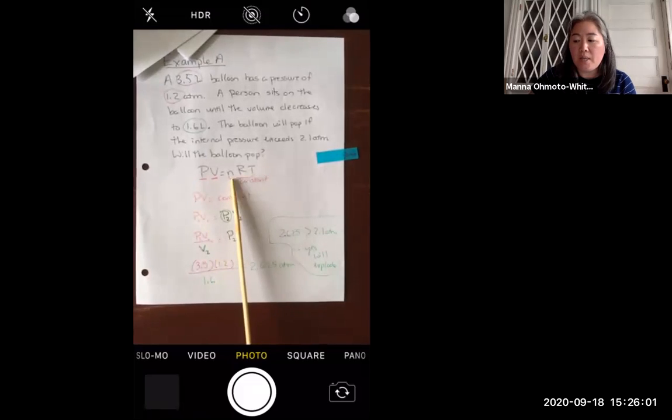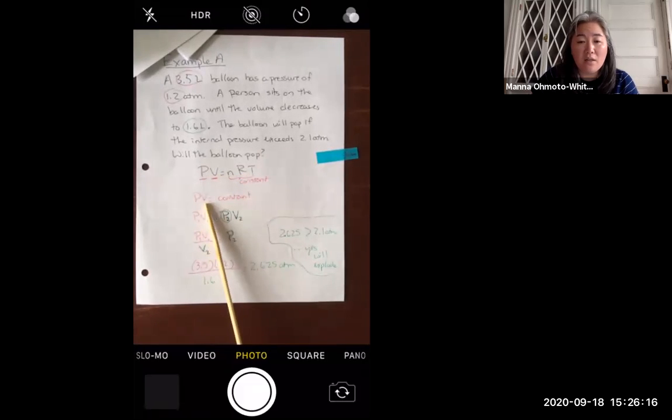And everything that remains constant I put on one side. Well, luckily, what's remaining constant, the moles and the temperature and R always does, are already on one side. So a constant times a constant times a constant is another constant. So I can just say PV, any combination of PVs, even if I change them, will remain constant in this case.